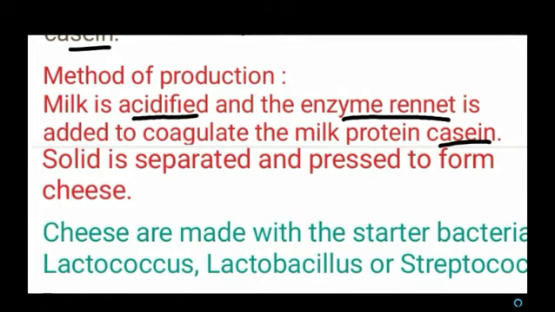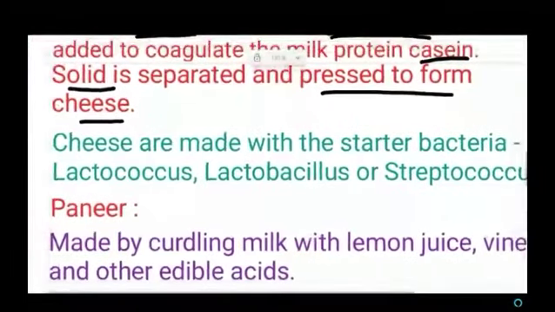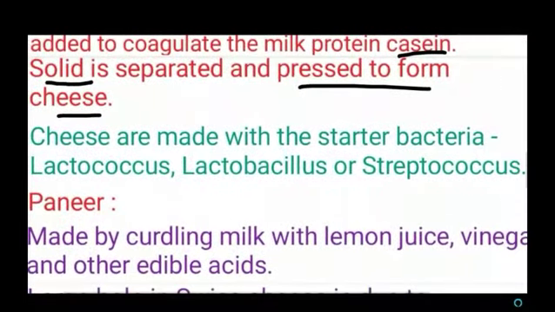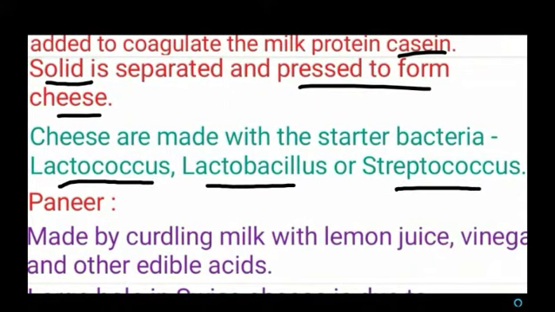After coagulation, the milk is separated into a solid and a liquid portion. The solid portion is pressed into cheese. The bacteria involved in the formation of cheese are Lactococcus, Lactobacillus and Streptococcus.